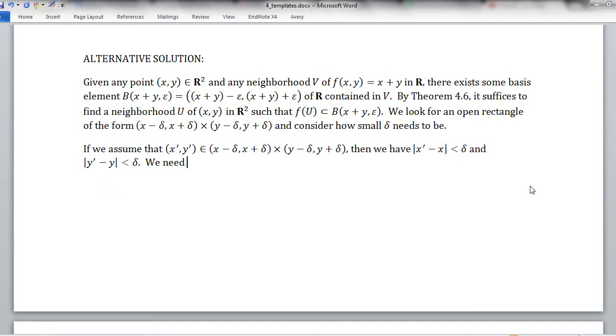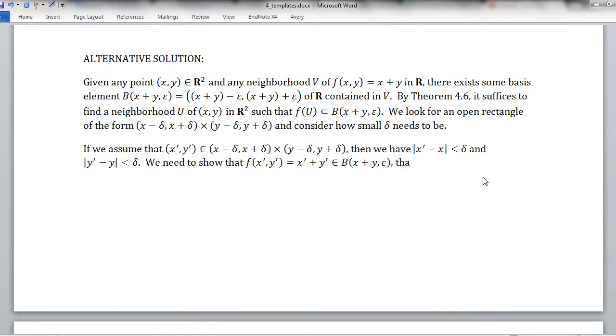I'm getting some absolute value inequalities going on here. And we need to show that the image of this point is contained in this ball here, right? So we need to show that f of (x', y'), which, by the way, is the sum of those two numbers, is contained in this ball about x plus y of radius epsilon.